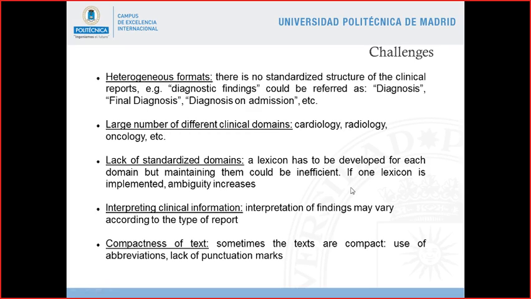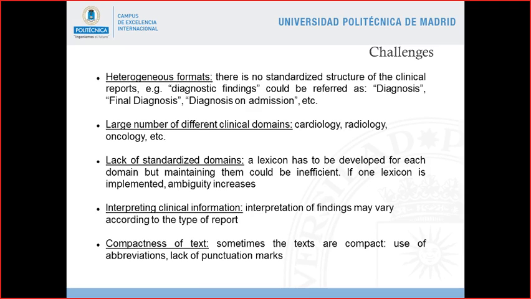Another way is to have only one lexicon, only one vocabulary for all domains. But in this case, the ambiguity of the words will increase. Another challenge is how to interpret the clinical information. The interpretation of the findings may vary according to the type of report.